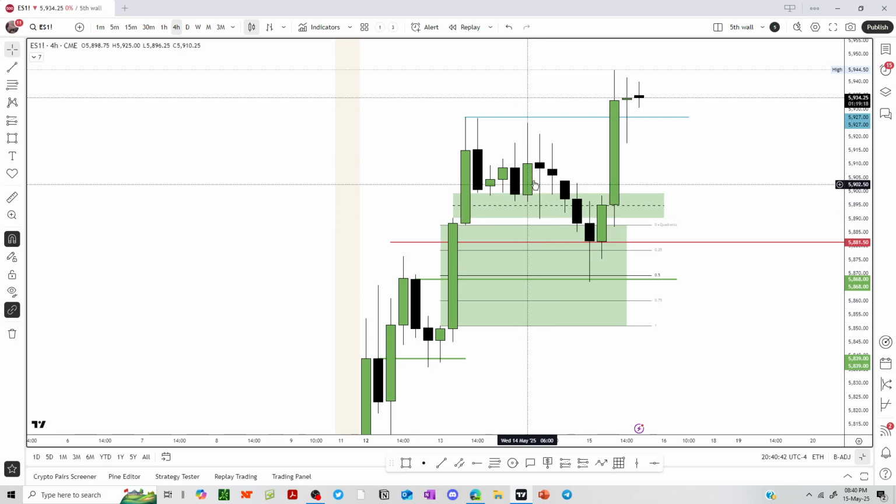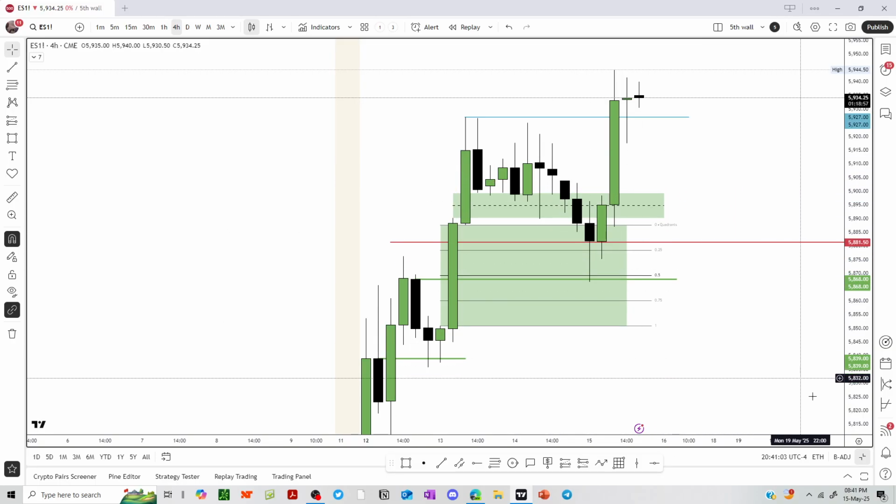Obviously it didn't do that. There is an ideal here for swing lows and swing highs when the third candle does this behavior, runs these lows, that we can anticipate some lower price action.